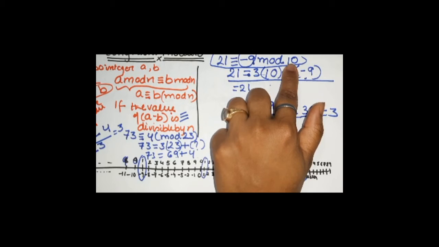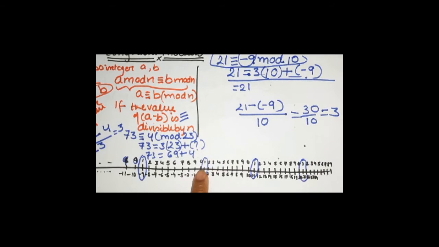Since it is going to be between 0 to 9, I have made a number line with the upper values between 0 to 9, and then repetition again 0 to 9, and I have repeated the 0 to 9 pattern on the upper side, and on the lower side I have mentioned the numbers. From 0 to the positive side I have mentioned all the positive numbers, and from 0 to the negative side I have mentioned all the negative numbers, up till wherever I have made the demarcation of the modulus value.